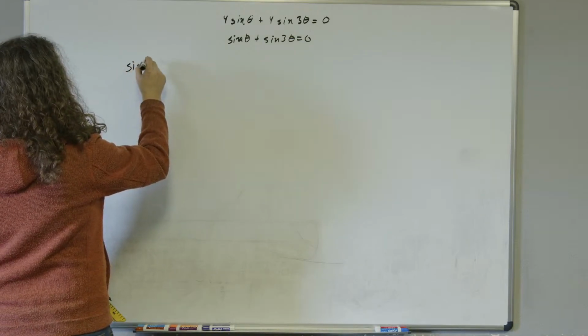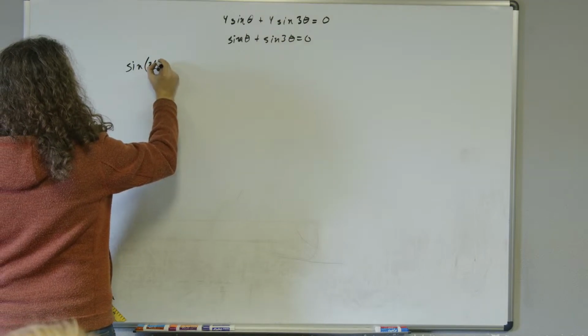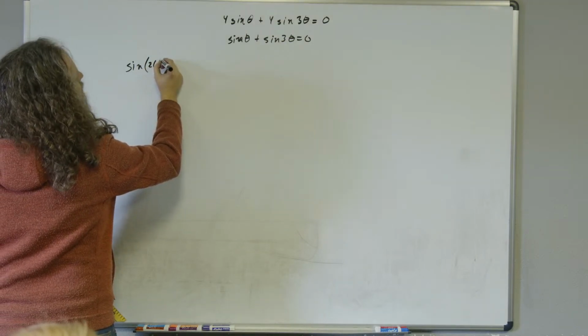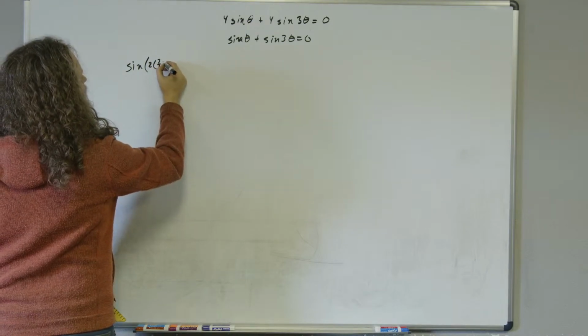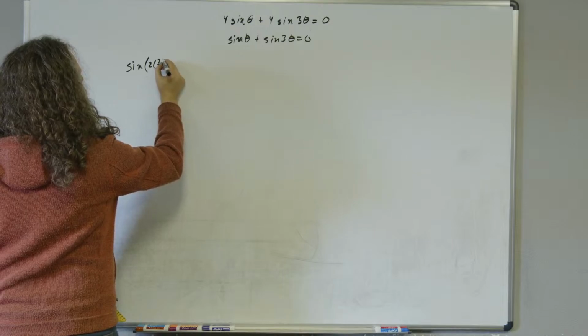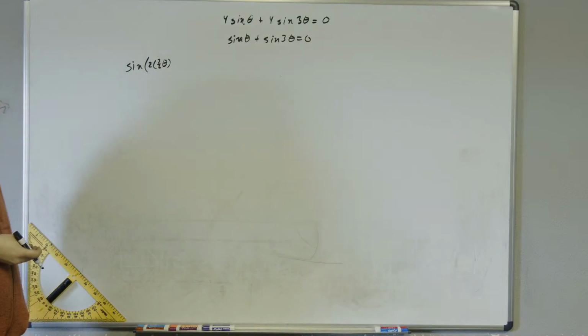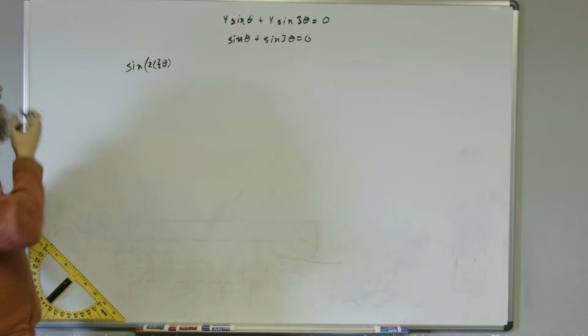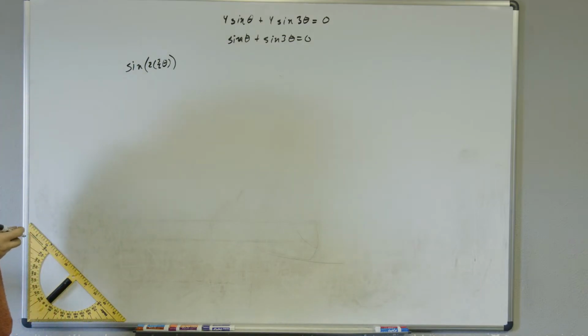That's probably what we're gonna have to do ultimately. It'll be sine of 2 times 3 halves theta. Right? So you could use a double angle, and that might be what we have to do to get there.